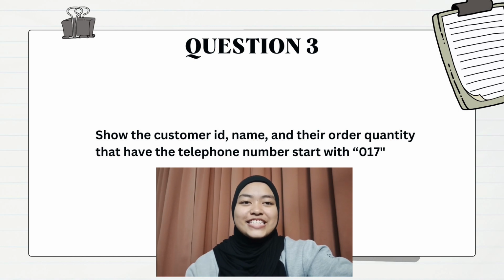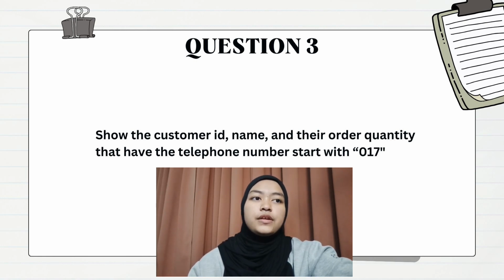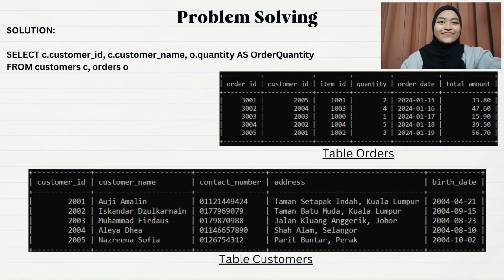Next, question 3. Show the customer ID, name and their order quantity for those whose telephone numbers start with 017. So, that's the solution.